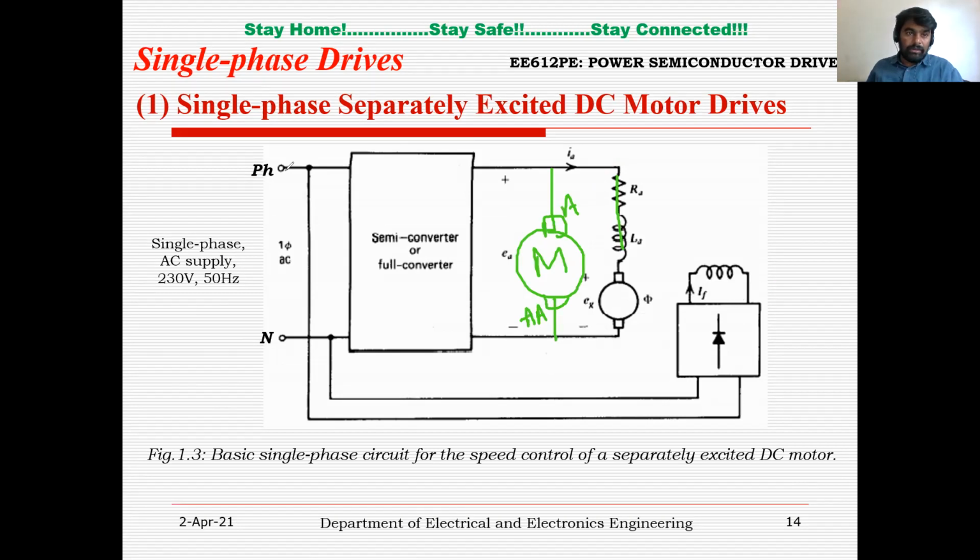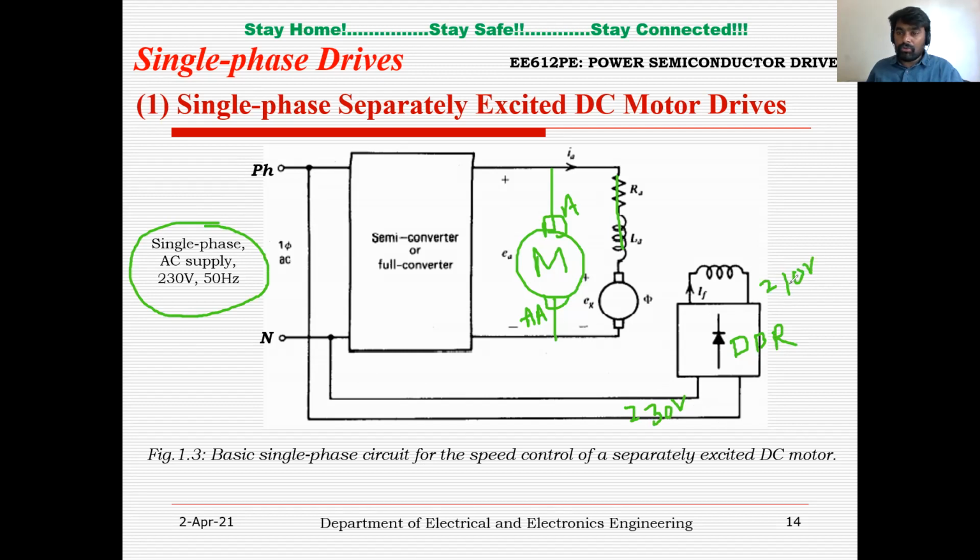Here it is a single phase AC supply, and this AC is converted into DC using a diode bridge rectifier. Since we are using diodes here, whatever voltage you apply, let us say 230 volts AC, will be converted directly to about 210 or 220 volts.